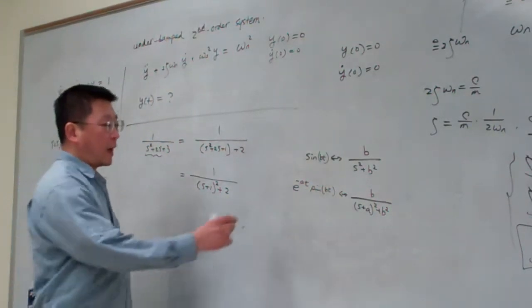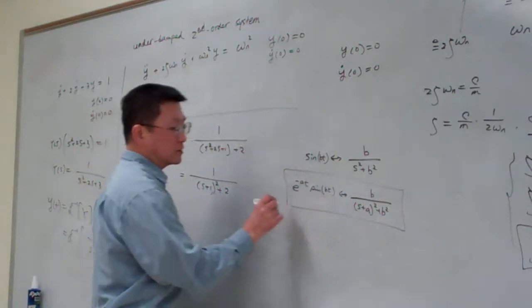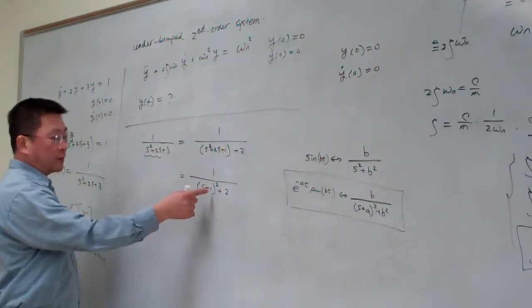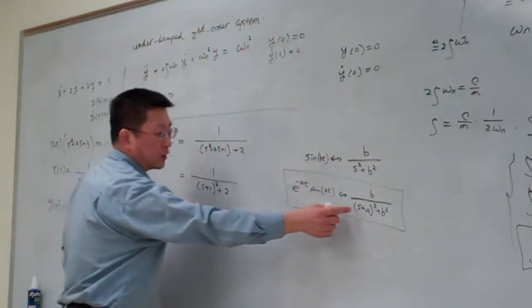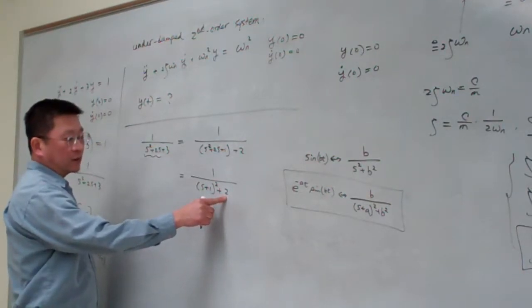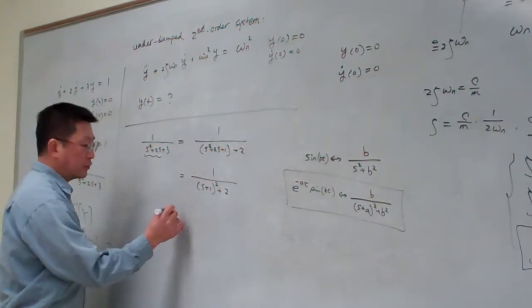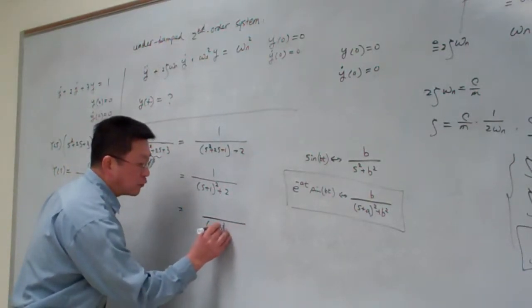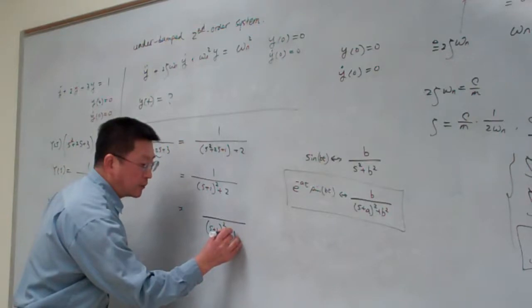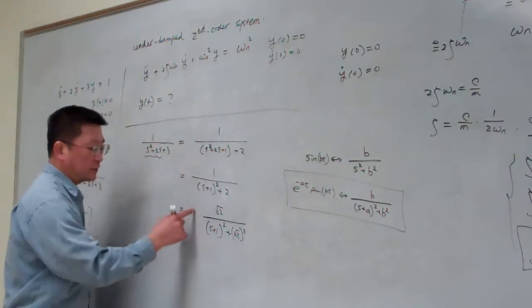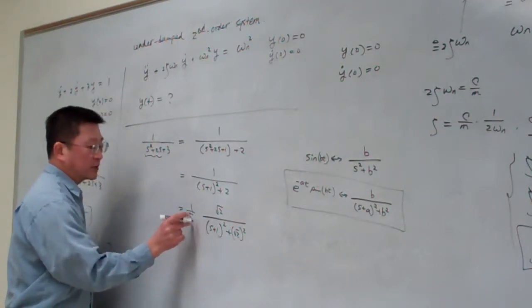So I take these as the patterns, and the effort is to get this term into this template. Comparing, b equals square root of 2, so I need (s plus 1) squared plus (square root of 2) squared. So I need to come up with square root of 2, then divide by square root of 2 to make things equal.